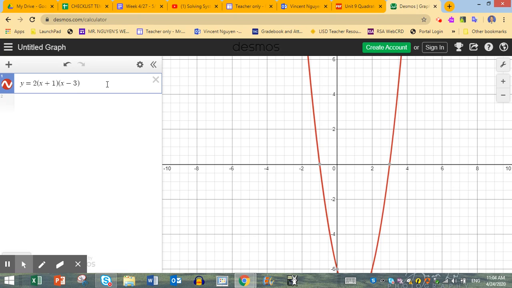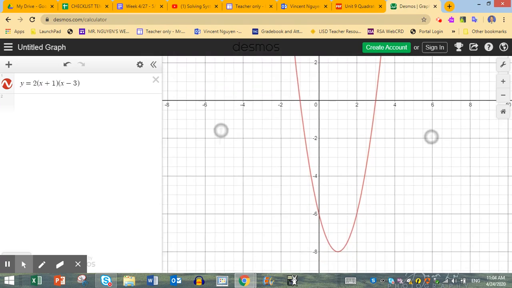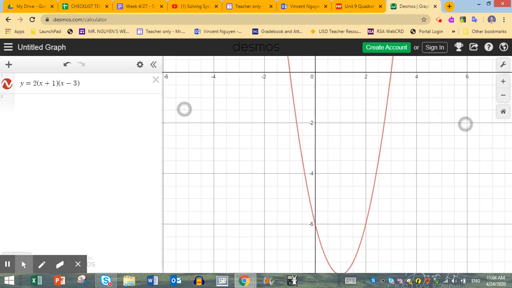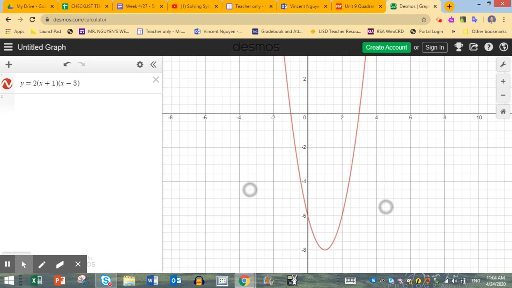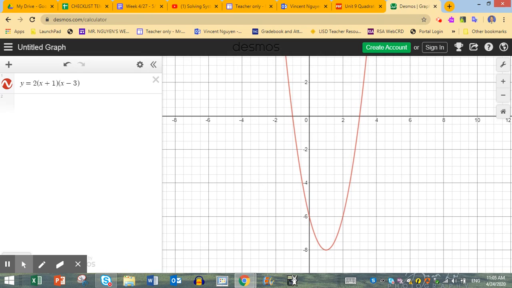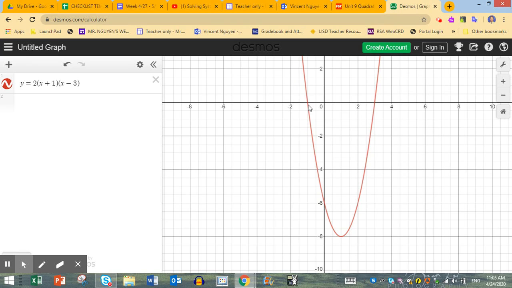In Desmos, you can manipulate your graph fairly easily. Move it up, move it down, make it larger, make it smaller, so you can see all the characteristics of this parabola. For this particular equation, you can see that the x-intercepts are right here.